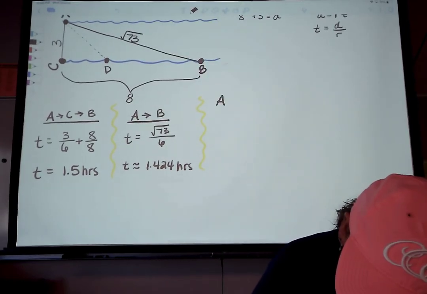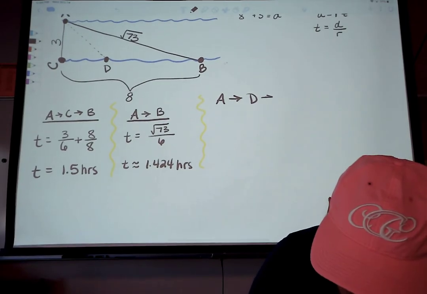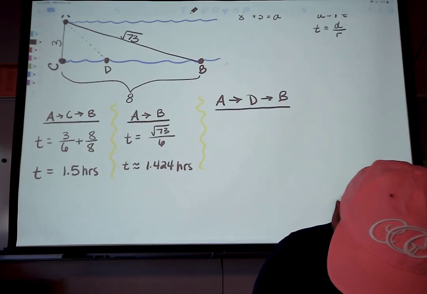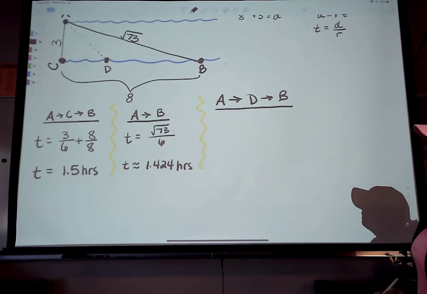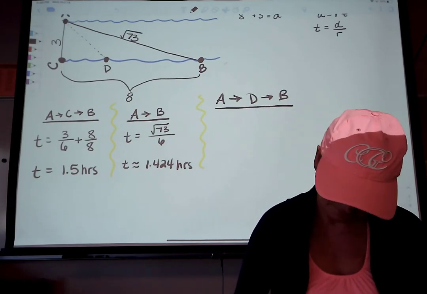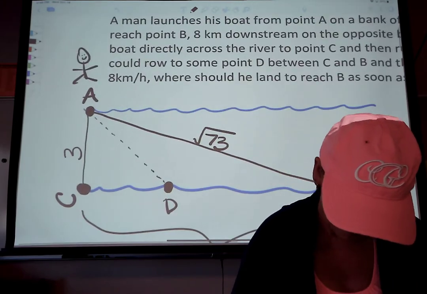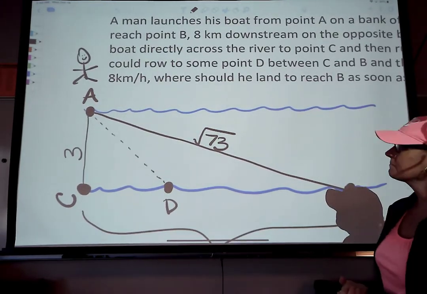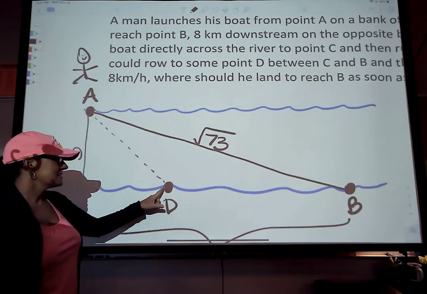Option number 3. What if we go from A to D, which is kind of an unknown point, and then to B? Now remember, this is unknown.